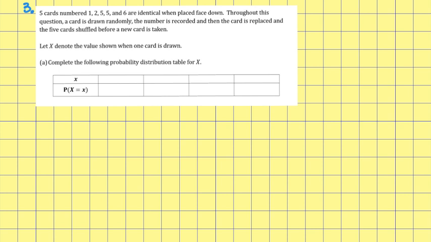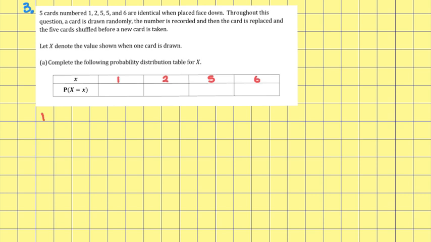Let X denote the value shown when one card is drawn. Complete the following probability distribution table for X. Well, X could take the values 1, 2, 5, or 6.